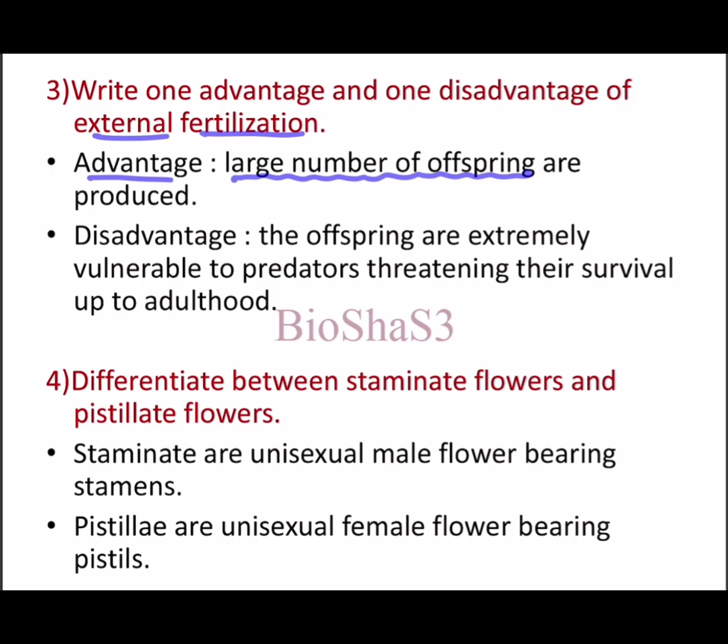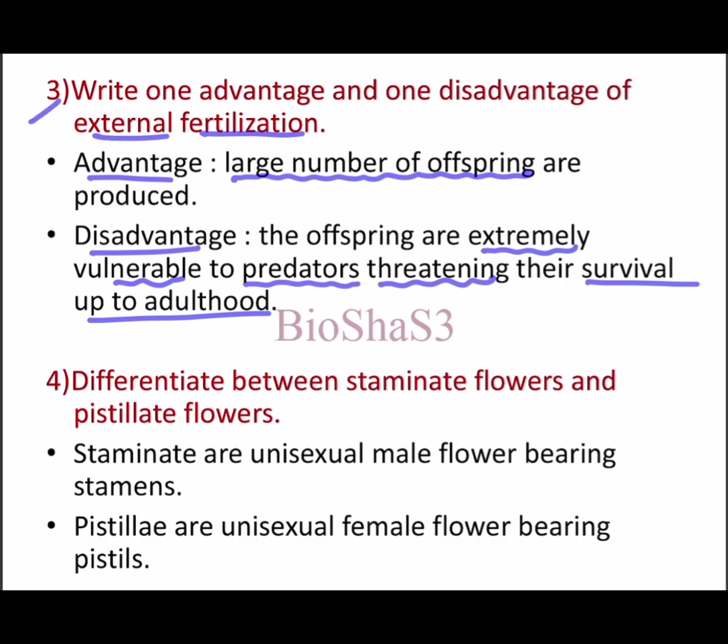The disadvantage is that the offsprings are externally vulnerable to the predators. Means the predators can attack them, threatening their survival up to adulthood. That is the one drawback or the disadvantage of external fertilization.